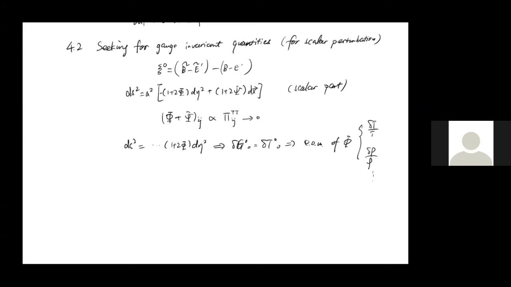But besides that, we have other kinds of gauge invariant quantities, and some of them are quite important. As you can see from here, a combination of any 2 or more gauge invariant quantities is also gauge invariant. But just keep in mind that the degree of freedom of this scalar type perturbation is only 2.